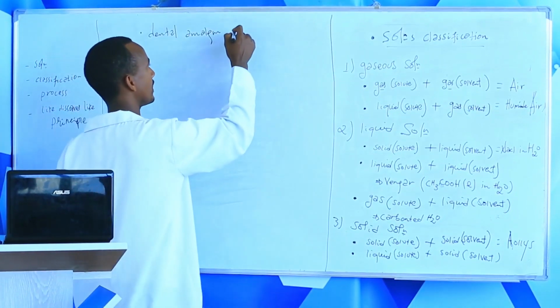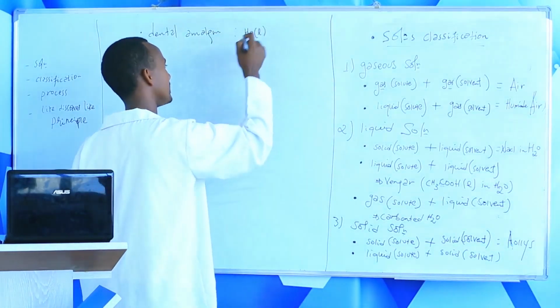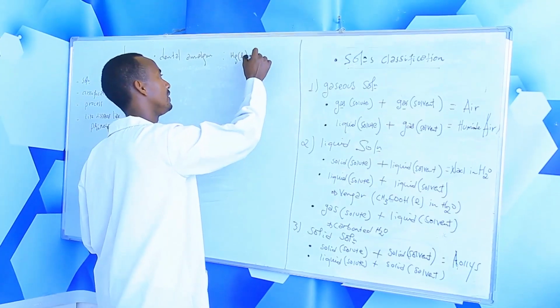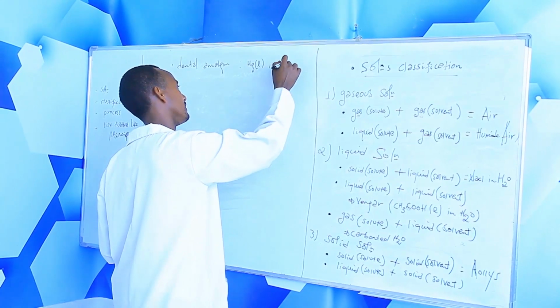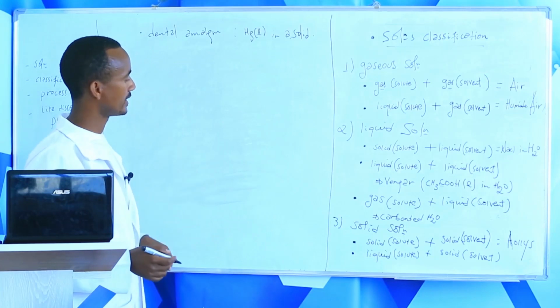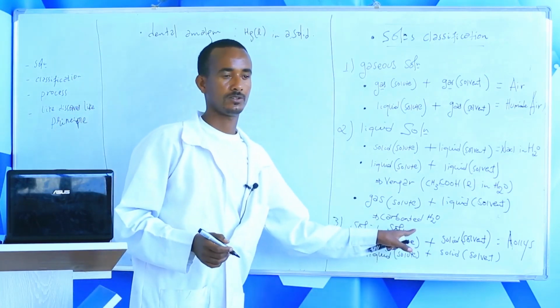In this case, mercury, you know that mercury is a liquid metal, is dissolved in a solid. So dental amalgam is an example of liquid solid solution.